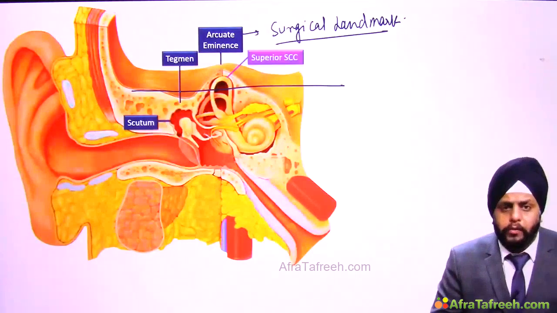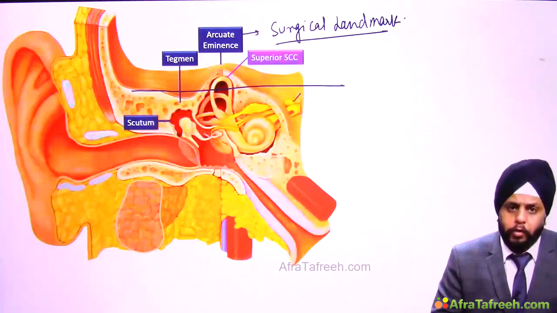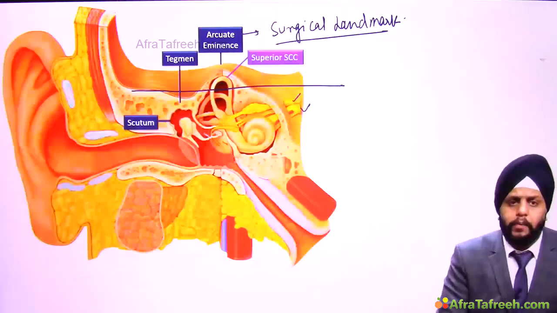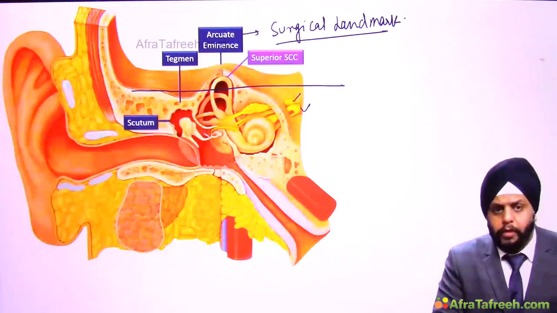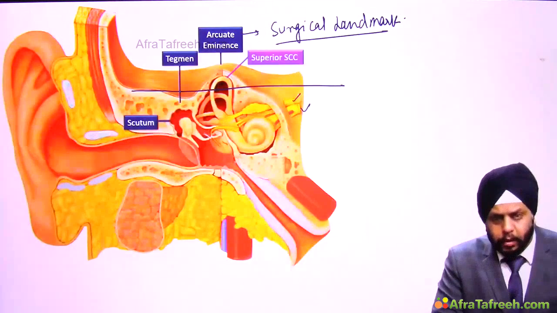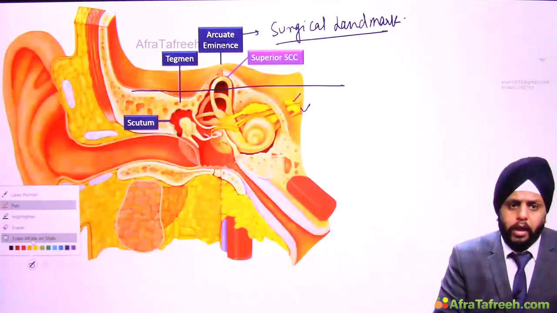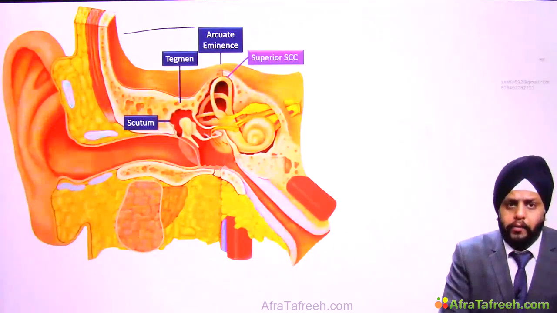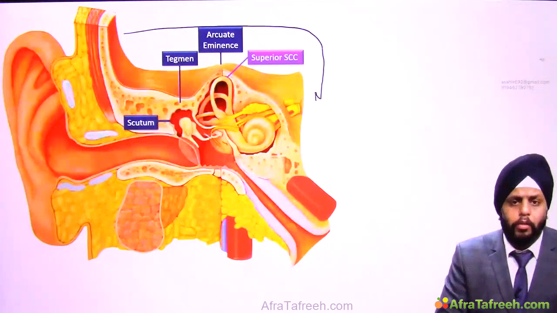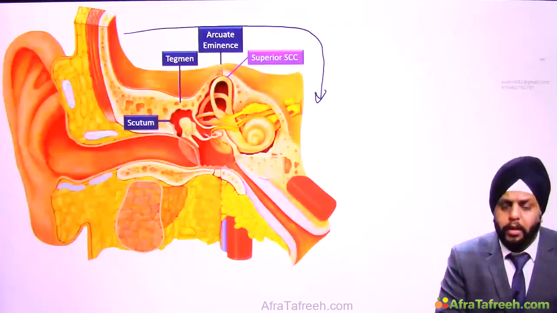Suppose you want to do a surgery of the facial nerve or of a tumor of the eighth nerve. Sometimes we use an approach where we don't want to touch the middle ear or even the inner ear, and we want to directly reach the nerves. So we can go directly like this, from the cranial cavity, from the middle cranial fossa.